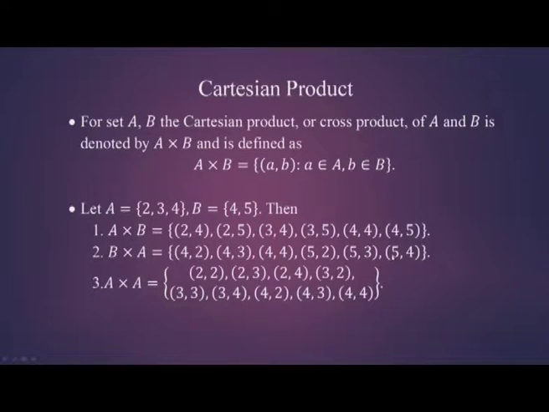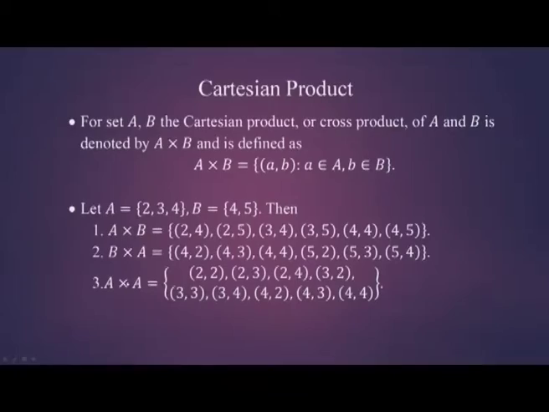Now, we consider the case when the sets are not distinct. We can have Cartesian product of the same set over and over again. So, we can have A cross A, which is the Cartesian product of A with A, and we will get (2, 2), (2, 3), (2, 4), then (3, 2), (3, 3), (3, 4) and (4, 2), (4, 3), (4, 4).